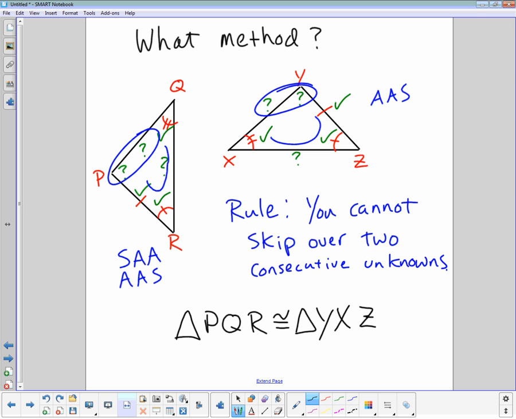So this is how we do it. We decide what we know. We connect the dots, so to speak. And they have to be the same method. All right? So, let's do a different one.